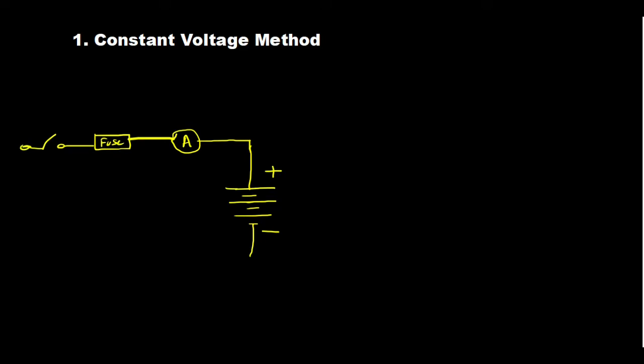This is the positive terminal of the source. The negative terminal of the source we will connect using a switch also, then it goes to a variable resistor. Using this variable resistor, we can decide what current is supposed to flow in the battery.